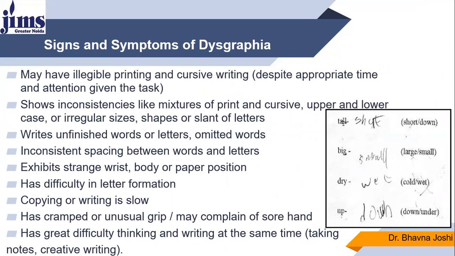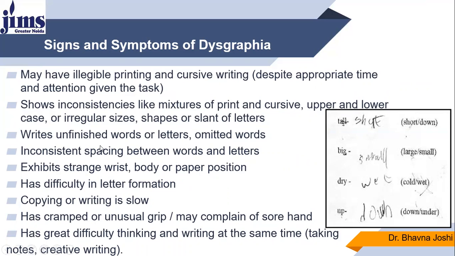Sometimes the child is writing in cursive, and then suddenly the child is writing in printing form. Then there is inconsistency, a mixture of print and cursive, upper and lower cases, and irregular shapes. You can see the picture on the screen.